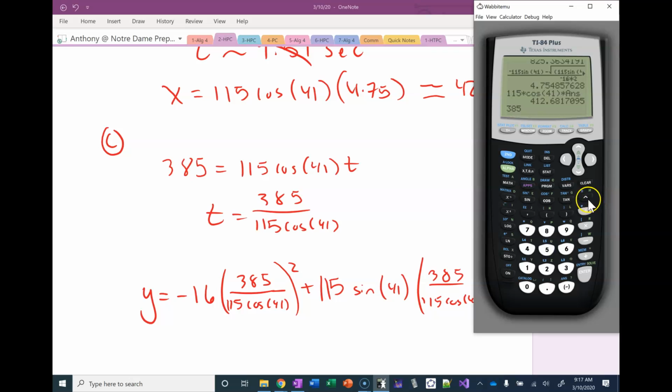So 385 divided by 115 cosine 41. So I have negative 16 times that answer squared plus 115 times sine 41 times that answer plus 3. So that's bigger than 20 feet, so it'll clear the fence.